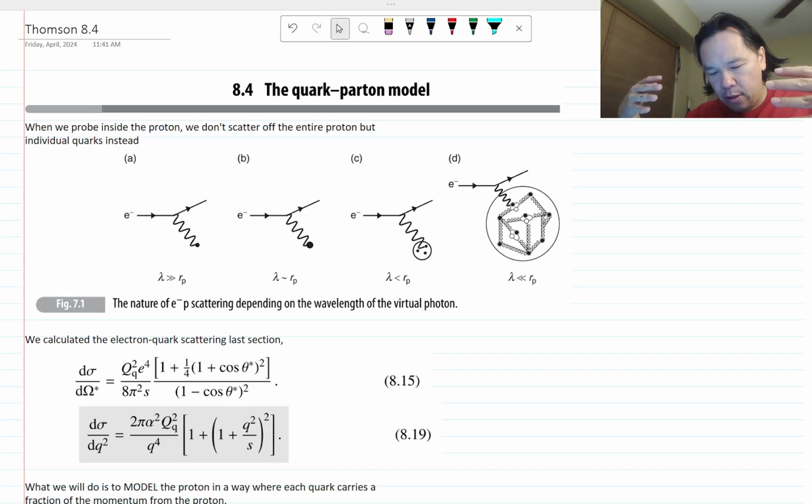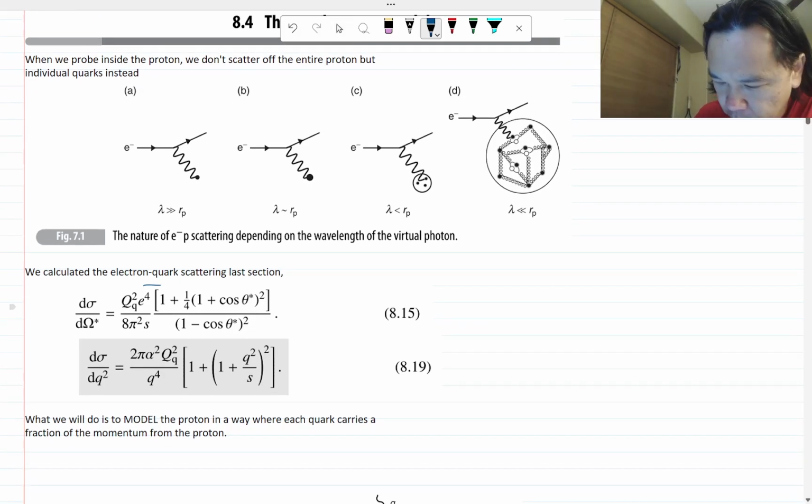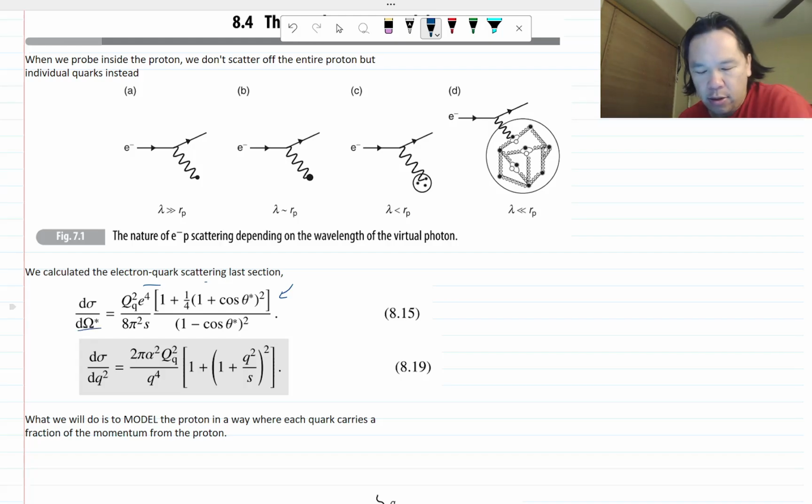the scattering between the electron and the quark directly will look like. In fact, those are the formulas down here, where the electron is scattering off the quark. You can write the differential cross section in terms of theta, so you get the differential cross section partial sigma by partial omega, which is the angular dependence.